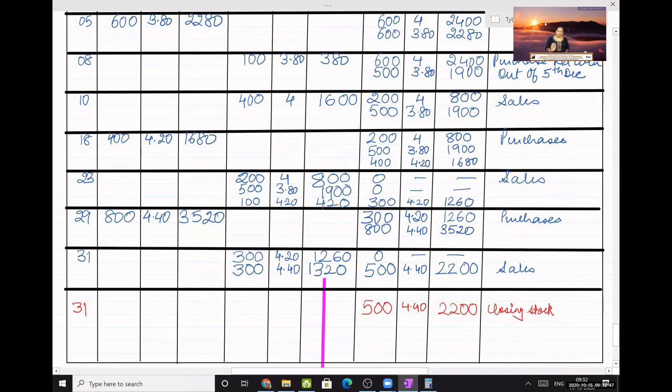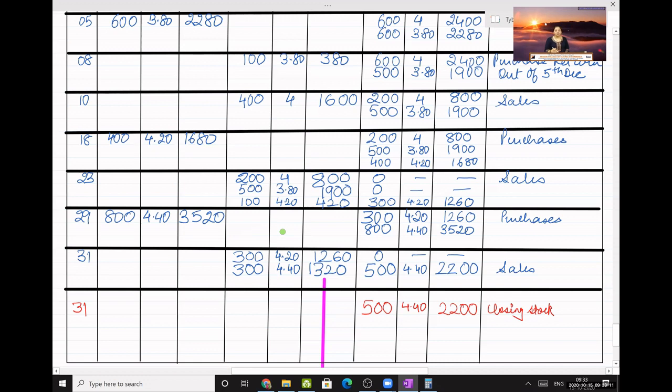Same, FIFO, first in first out. First I'll give away this 300. The rate is 4.2. So there is no stock now, 0. 300 minus 300 is 0. So that stock is now finished.